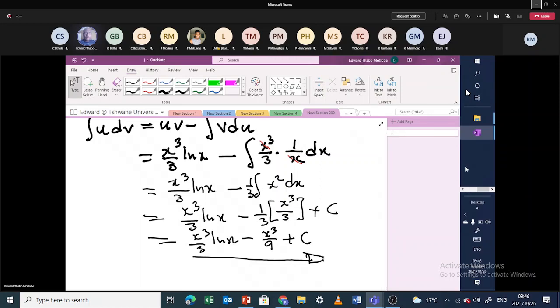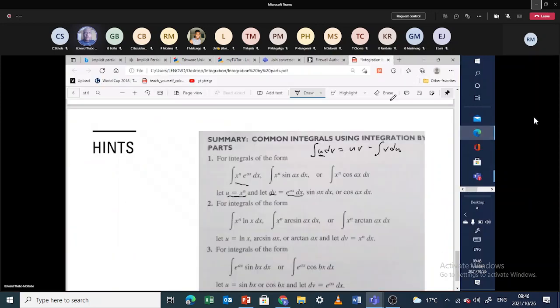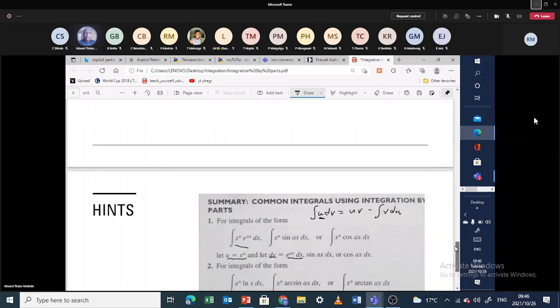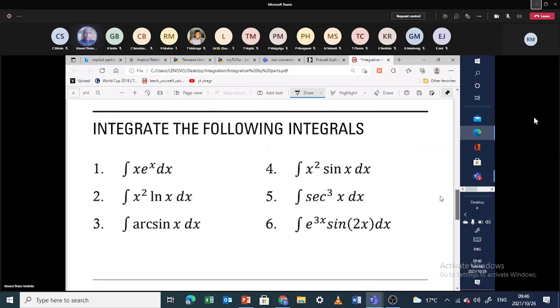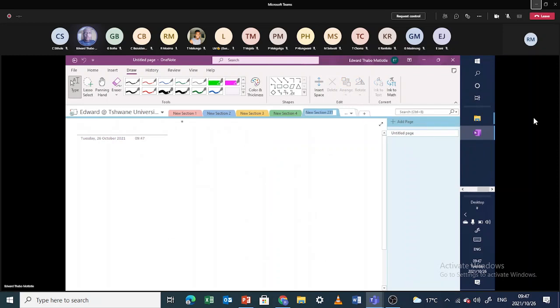Now let's go back and check the other problem. Number 3, the integral of arc sine x dx.